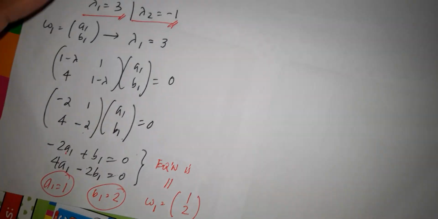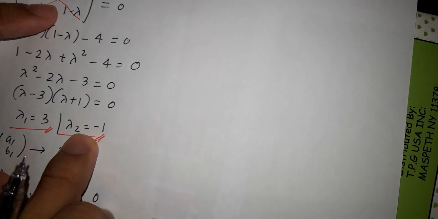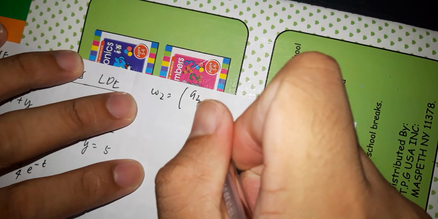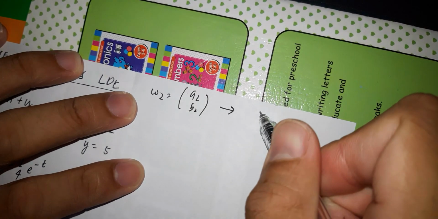What is your omega 1? That's 1, 2. That's our omega 1. Let's solve for omega 2. Our omega 2 corresponds to lambda 2, which is negative 1. So that's A2, B2 corresponds to lambda 2, which is negative 1.